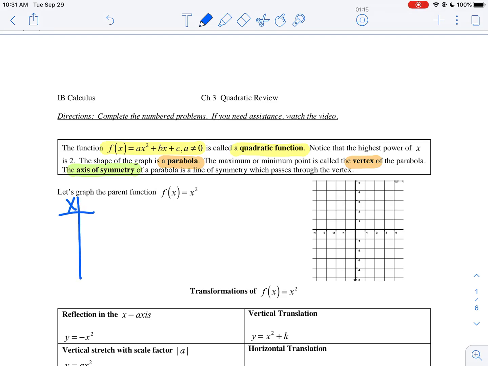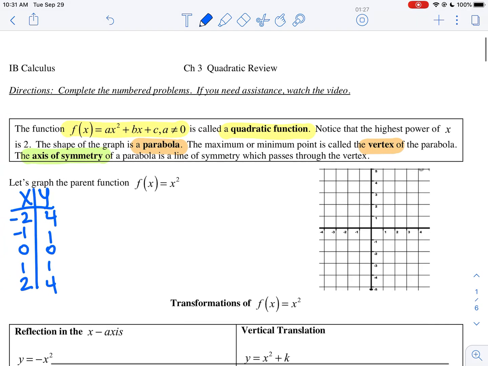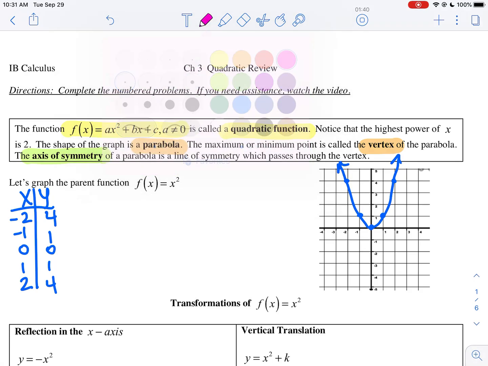All right, so if we go back to our parent function, the parent function is f of x equals x squared. So if I plot that 0, 0, notice the symmetry. And we're going to use symmetry as we graph parabolas. And then if you imagine that vertical line.